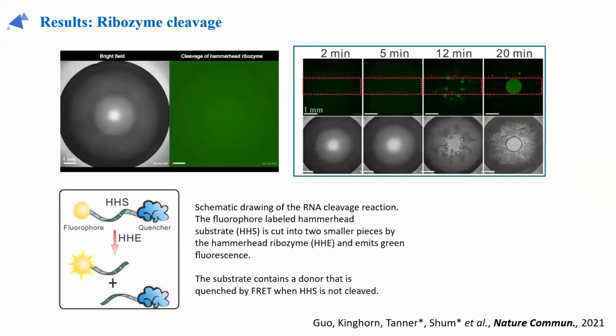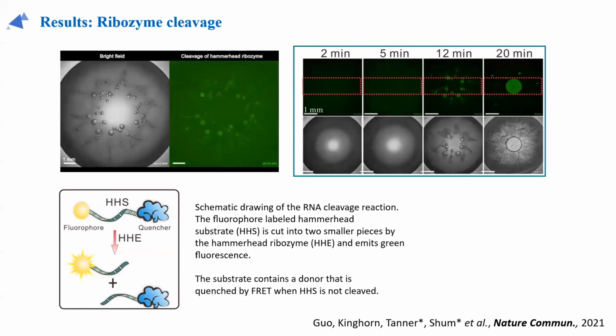So as we play the video, initially you don't have very sharp green fluorescence, but as the reactions start to happen, you can see some of these droplets become more intense in the green fluorescence. And this is an example highlighting the cleavage by the hammerhead ribozyme.